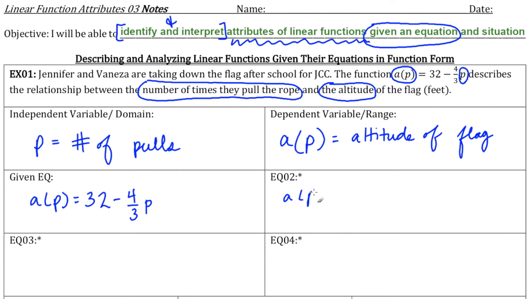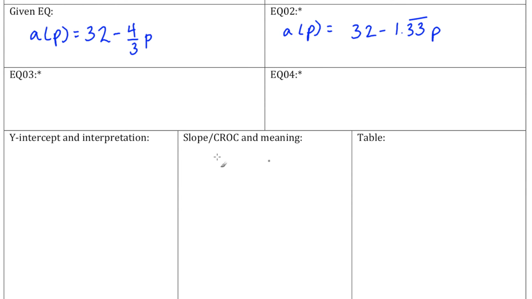A of p equals 32 minus 1.33 repeating p. We can also write it as A of p equals negative 4 over 3 p plus 32.